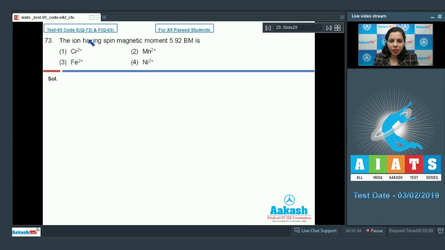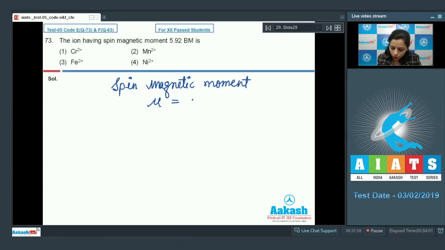Question number 73. The iron having spin magnetic moment 5.92 BM, Bohr magneton, is... If we talk about the spin magnetic moment, that is calculated by the simple formula mu equals root of n into n plus 2.